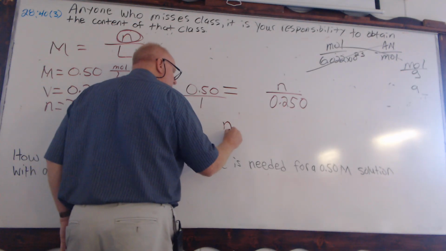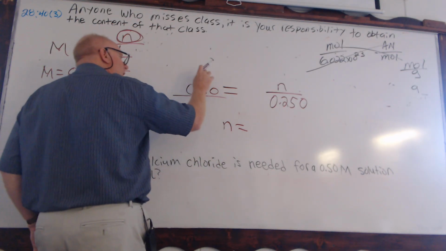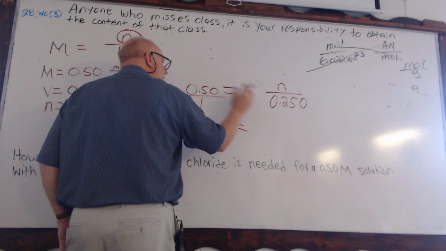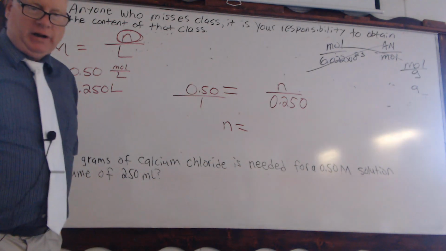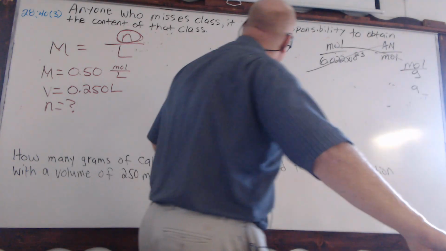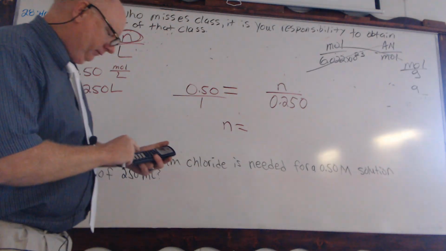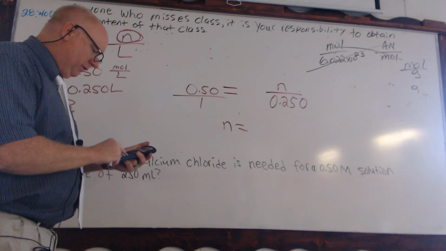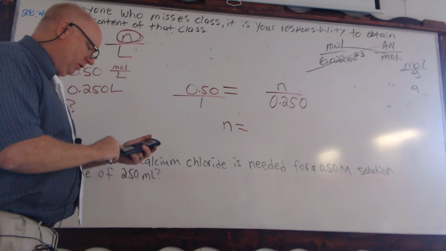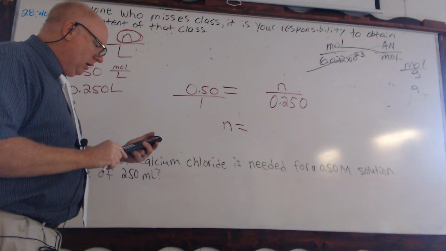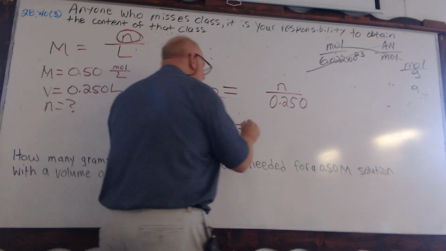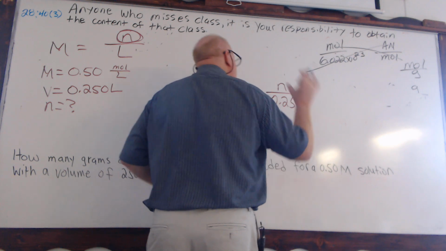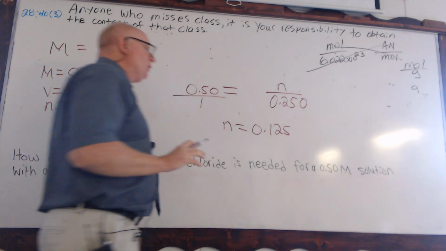Just N. And if we cross multiply it here, we have to do the same thing here. So 0.250 times 0.50. That gives you 0.125.